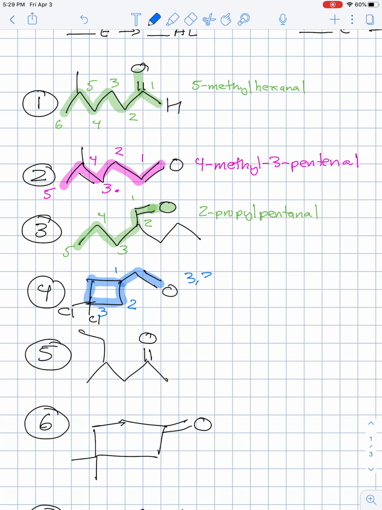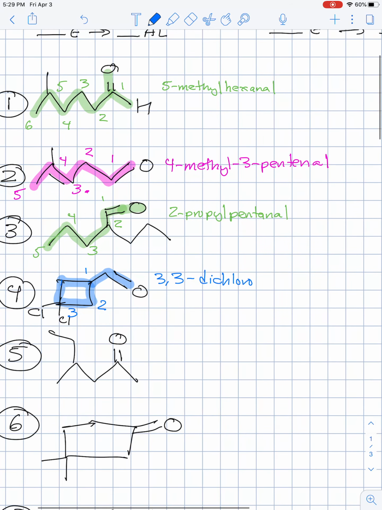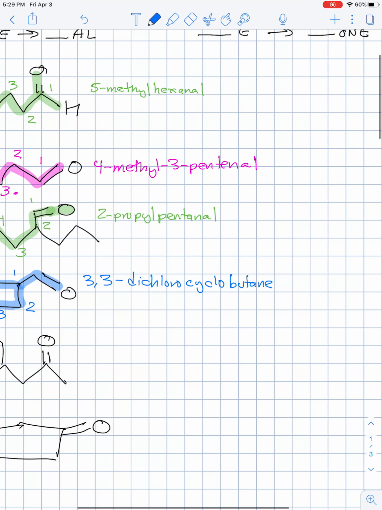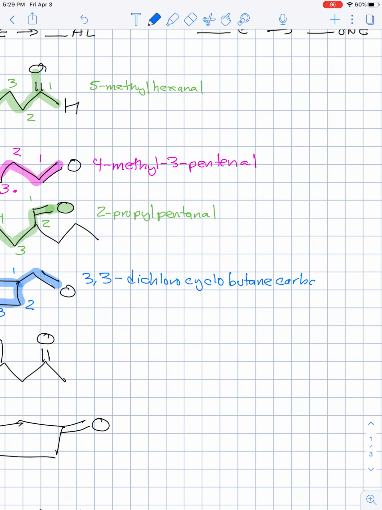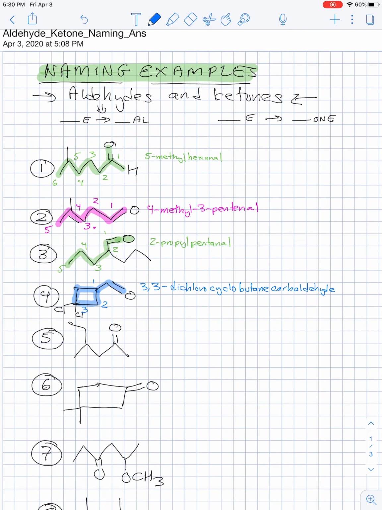So if we number around the ring, we have 1, 2, 3. So you have 3,3-dichlorocyclobutanecarbaldehyde.